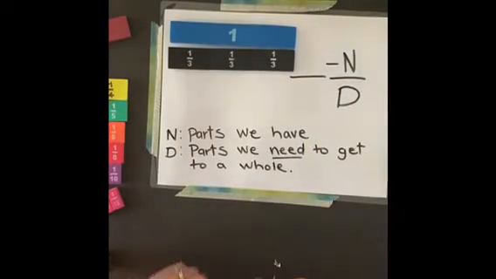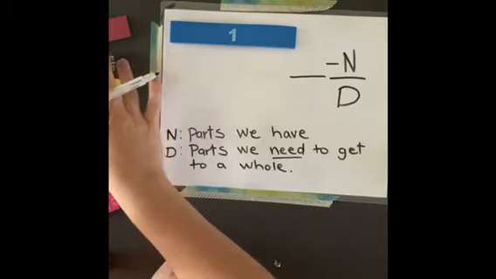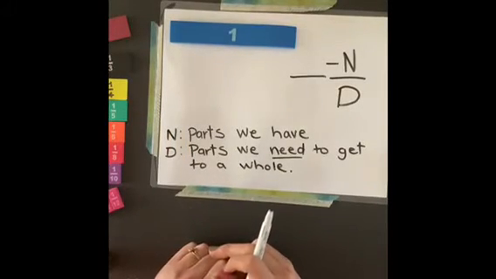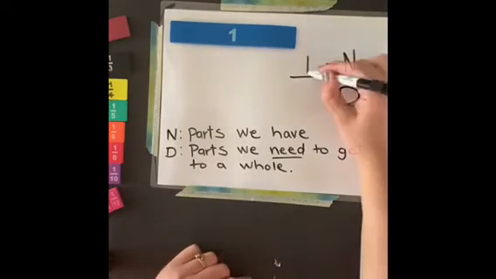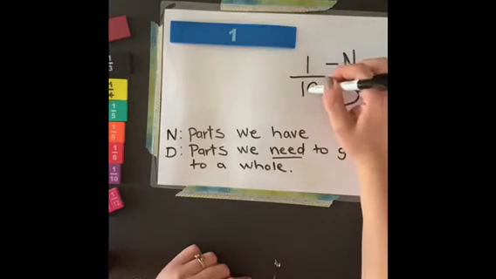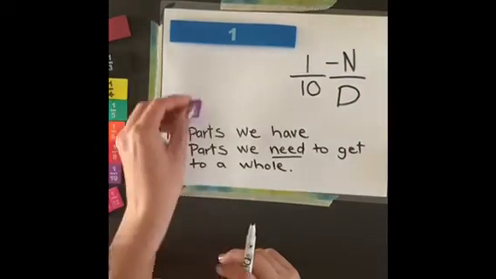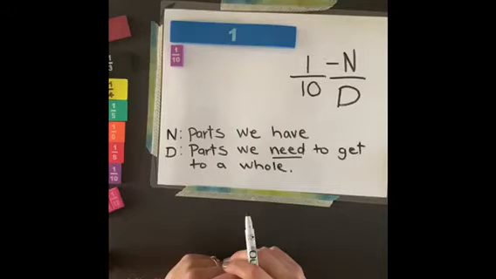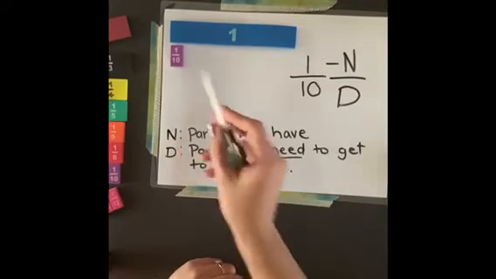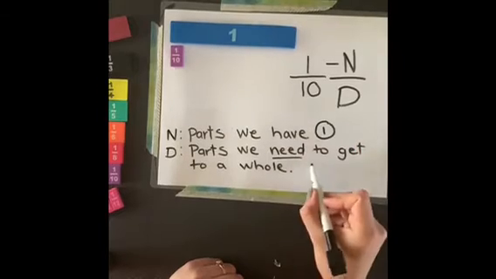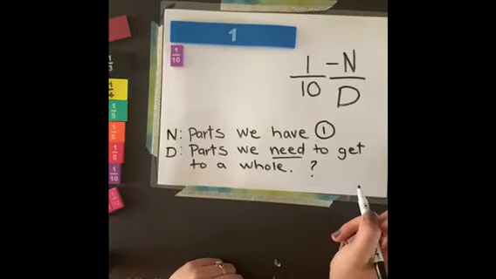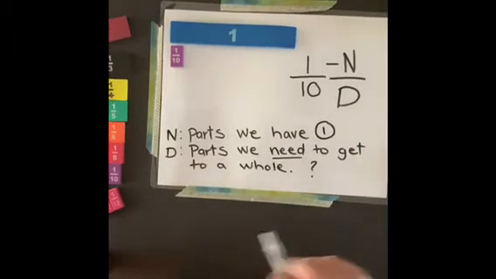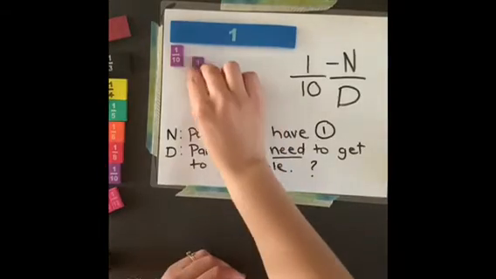Let's try another fraction, like 1/10. How many parts do we have according to the numerator? Yeah, that's right, 1. But what about the denominator? Well, we already have 1/10.